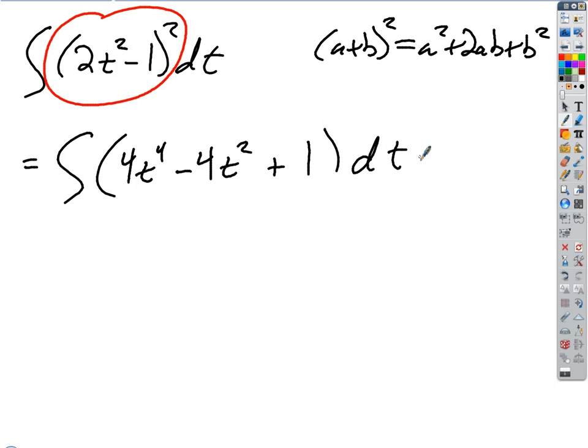And maybe we can do those. Do you want to do those, or should we just do them? Okay, that's fine. So then what's this one going to give us?